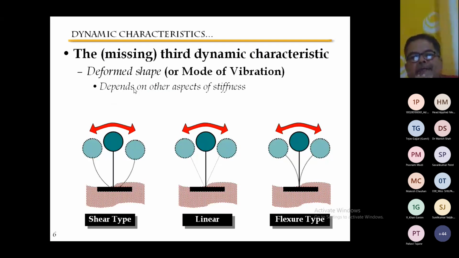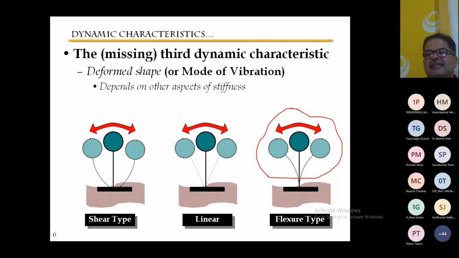So when we are talking about vibration, right, then we have three possible types of deformed shape. It depends on the stiffness of the system. For example, the first one I'm showing is the flexural mode, right?